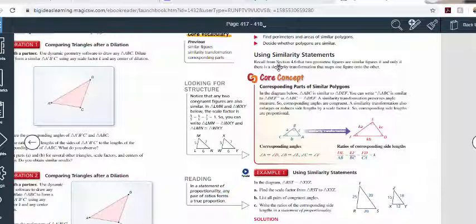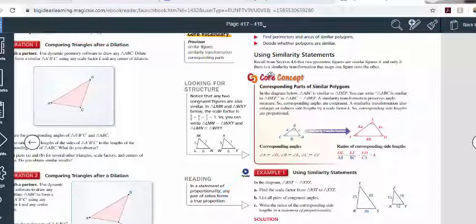So if you remember when we talked about transformations, section 4.6, two geometric figures are similar figures if and only if there's a similarity transformation that maps them. And that similarity transformation was always basically using a scale factor to either increase the size or decrease the size. So if you remember, two similar polygons were basically two polygons that had the exact same shape, so the angles were all going to be congruent, but they were different sizes.